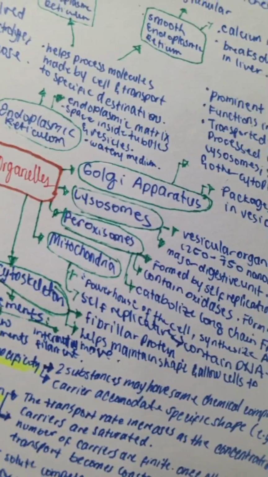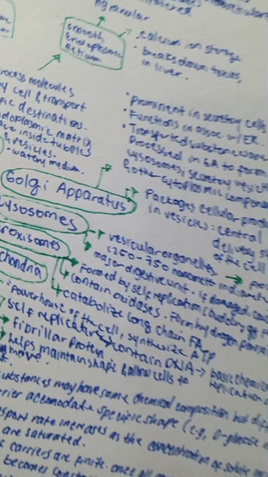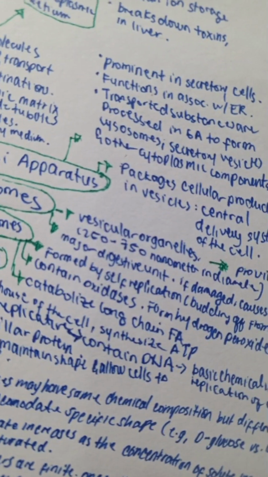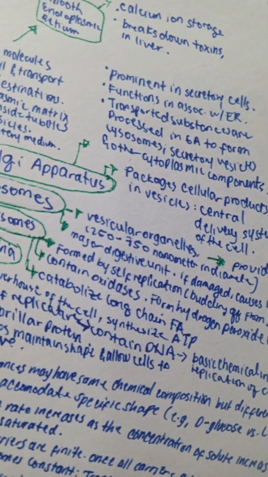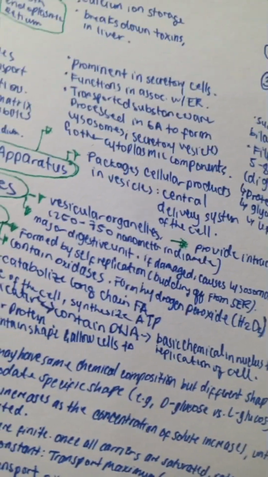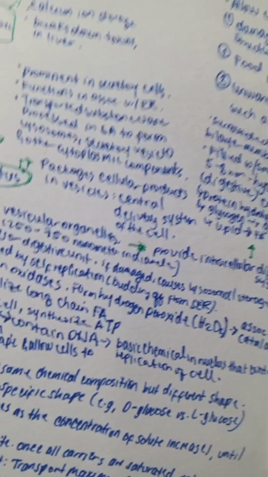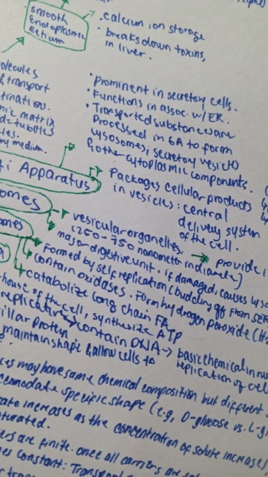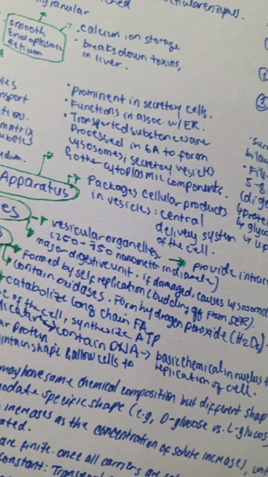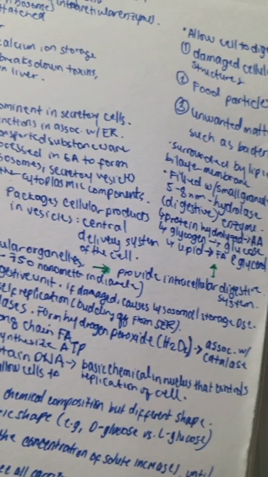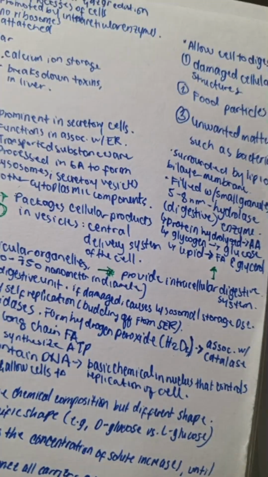Another organelle is the lysosome, and it is a vesicular organelle 250 to 750 nanometers in diameter, and these lysosomes provide an intracellular digestive system. It is the major digestive unit, and if it gets damaged, it causes lysosomal storage disease.